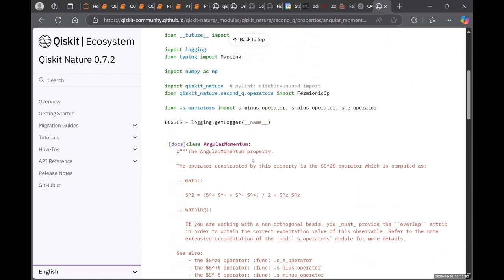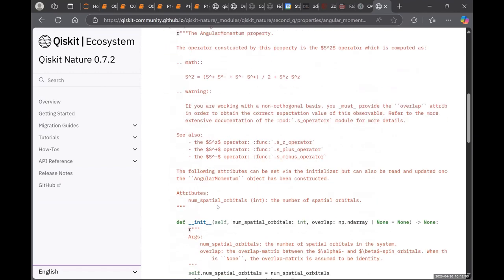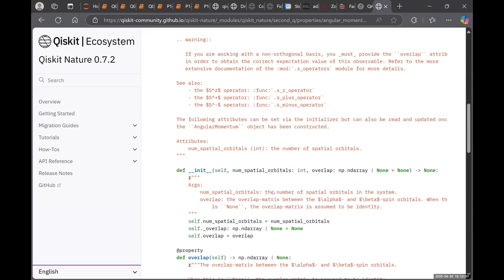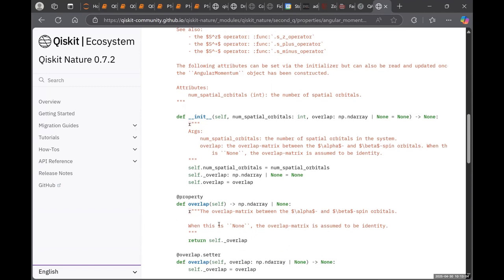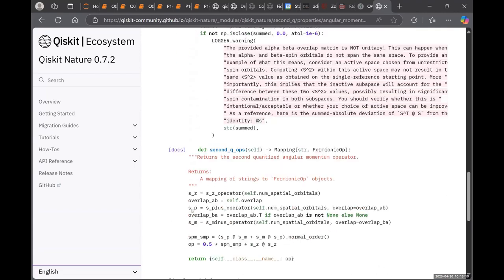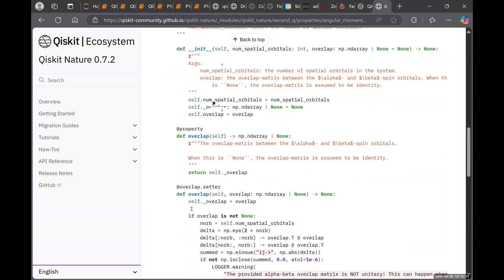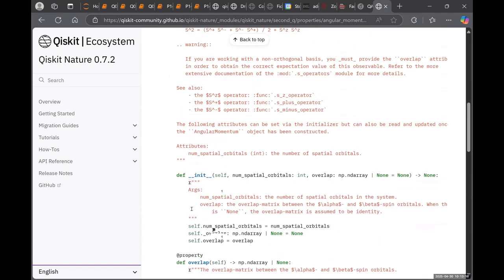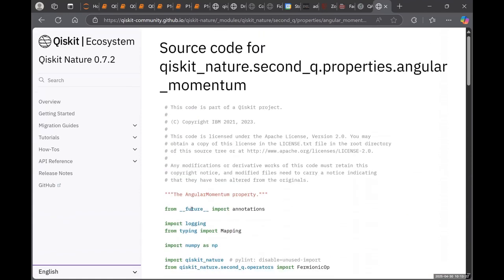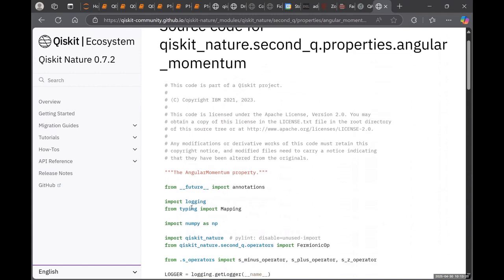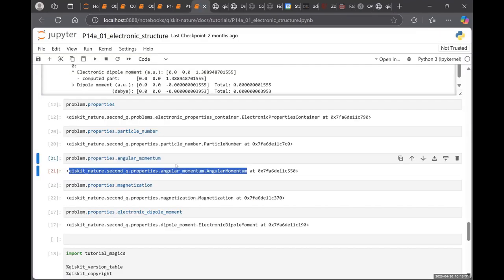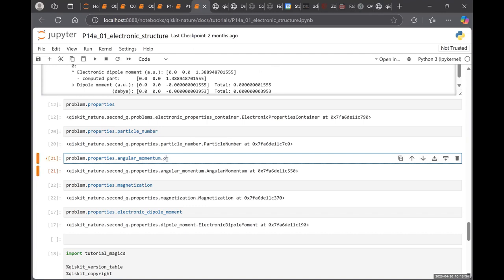The class angular momentum is a property. Okay, print. There is overlap. Does it have something like open?